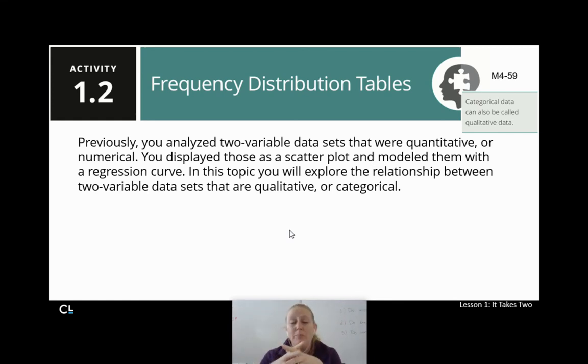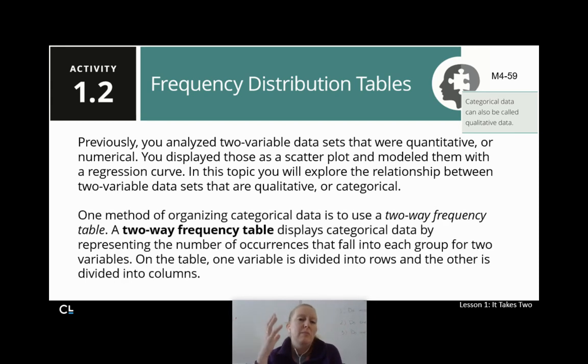This is what we've got here. By the way, categorical data can also be called qualitative data. So don't freak out if you see qualitative. That just means it's categorical. So one method of organizing categorical data is to use a two-way frequency table, okay?